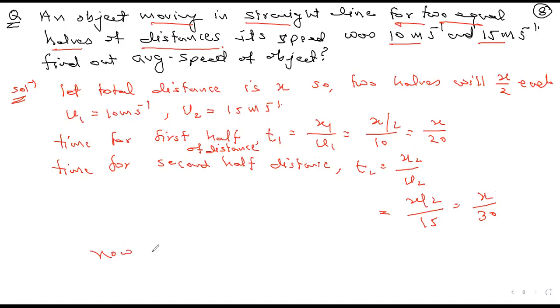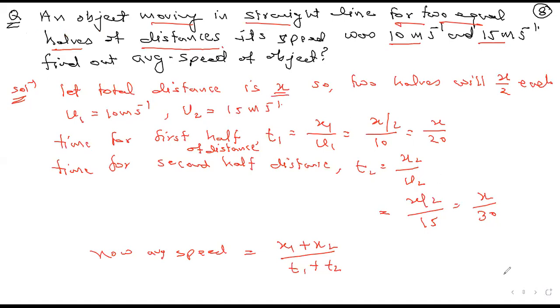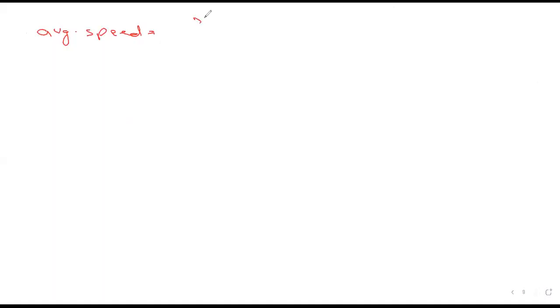Now average speed is x1 plus x2 upon t1 plus t2. So average speed is total distance x1 plus x2, which is equal to x, upon x upon 20 plus x upon 30.